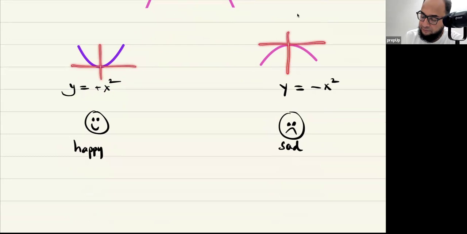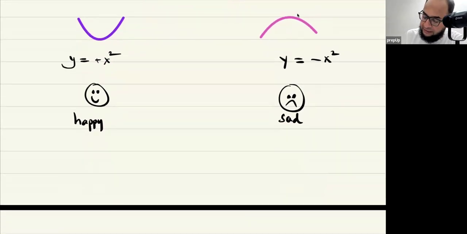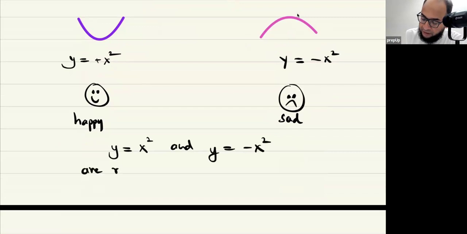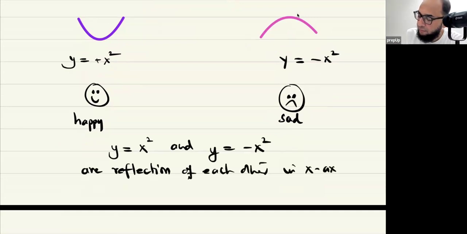So the first thing that you realize, y is equals to x square and y is equals to -x square are reflections of each other in the x-axis. So that is the first prominent thing that you notice.